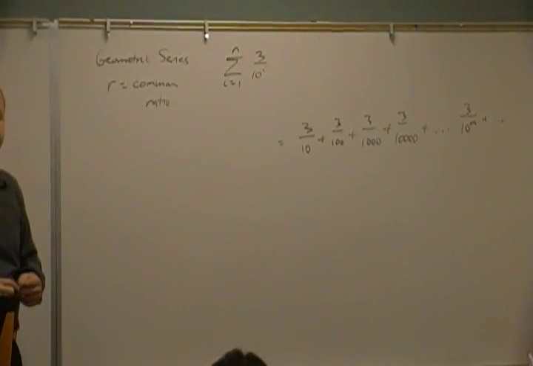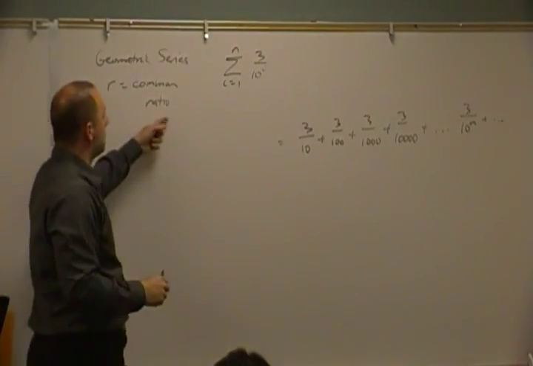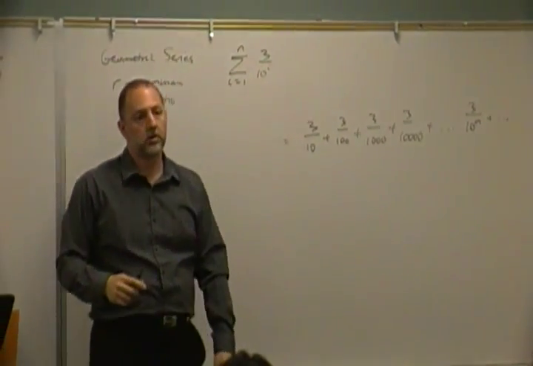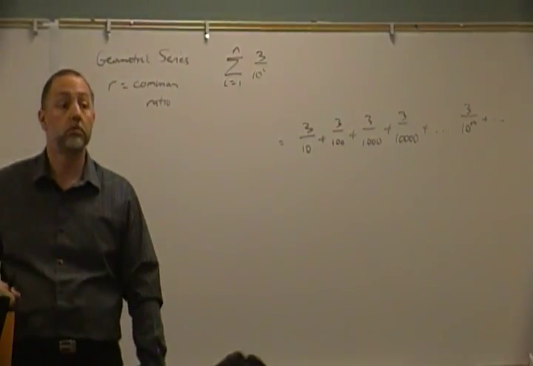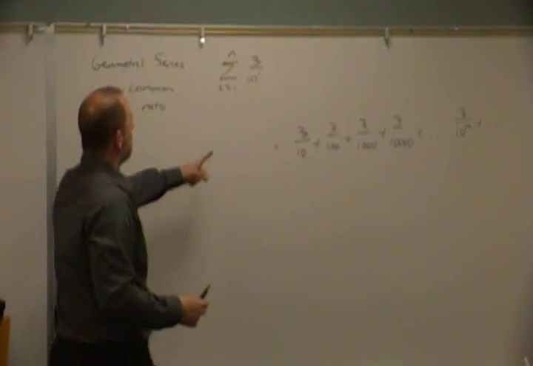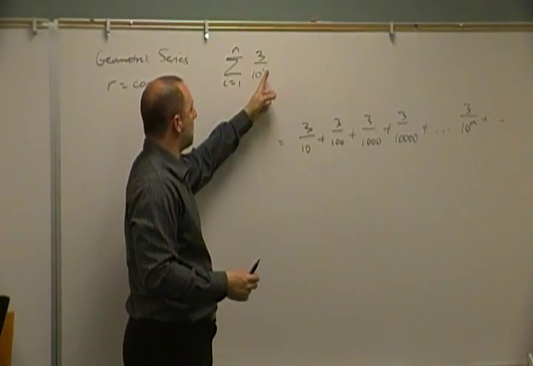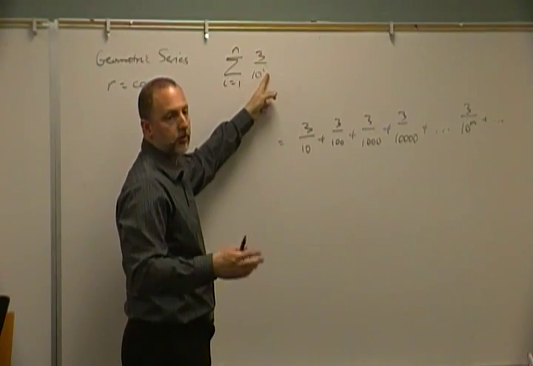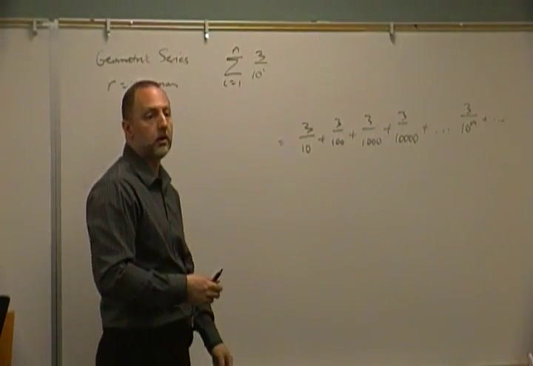So far, so good? So in this case, what's my common ratio? 1/10 is my common ratio. You can tell that because the power here is on 10. So it goes squared, cubed, fourth, every term you get another 1/10.